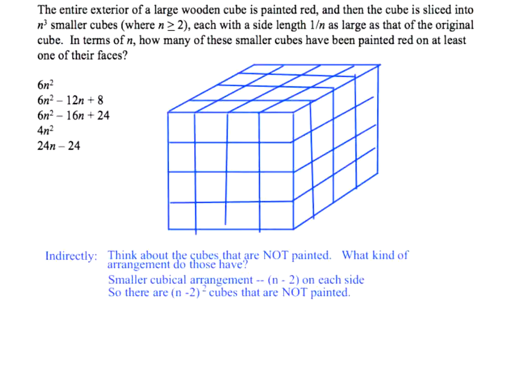And if you just want the ones that are painted, then you take the ones that are not painted and subtract them from the total number that you have. So the total is n cubed. So you just do n cubed minus n-2 cubed.